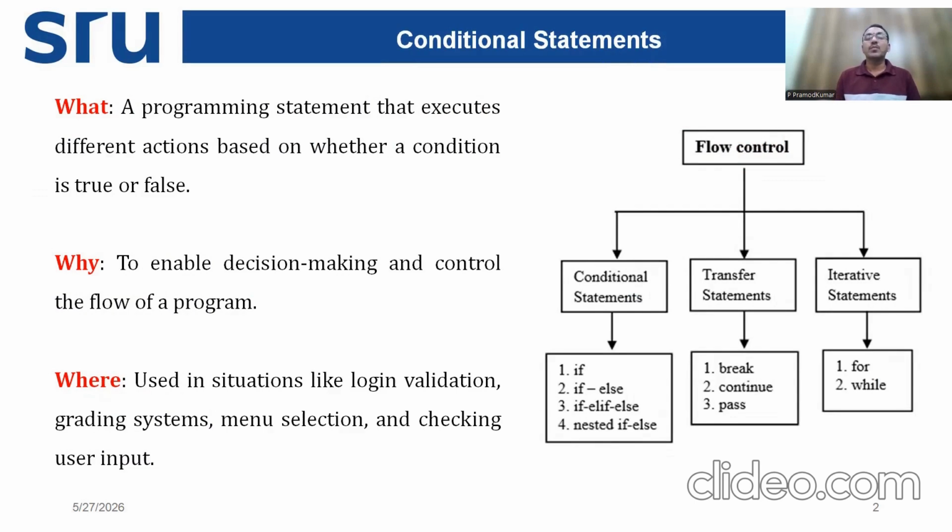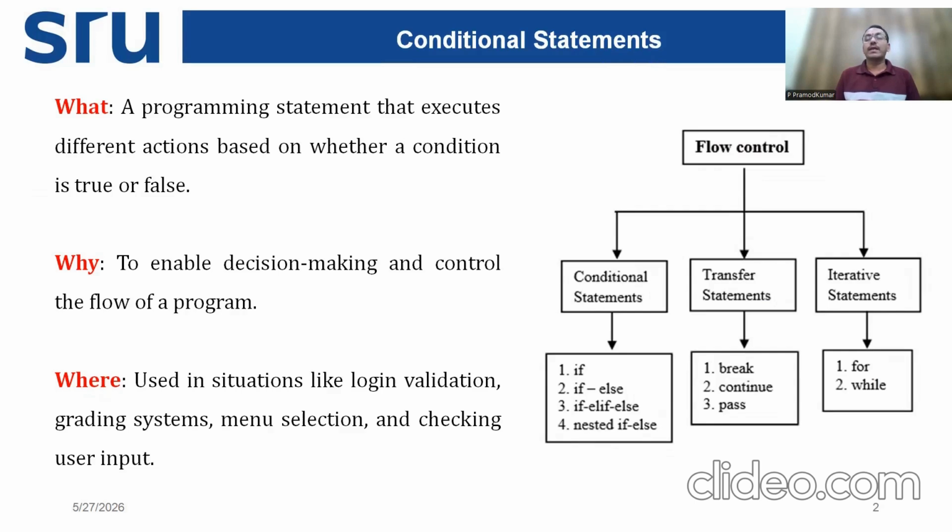In the Python programming language, such control statements have been classified into 3 categories. The first category is conditional control statements, the second is transfer control statements, and the third is iterative control statements. Under the first category, we have 4 variants: simple if, if else, if else ladder, then nested if else.